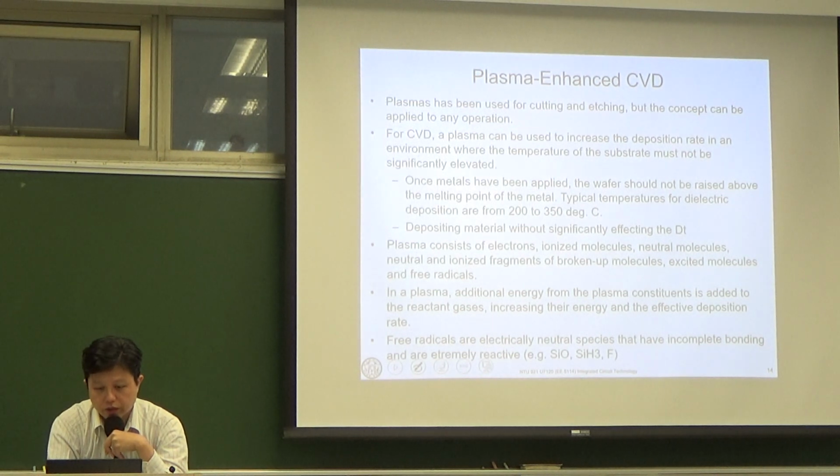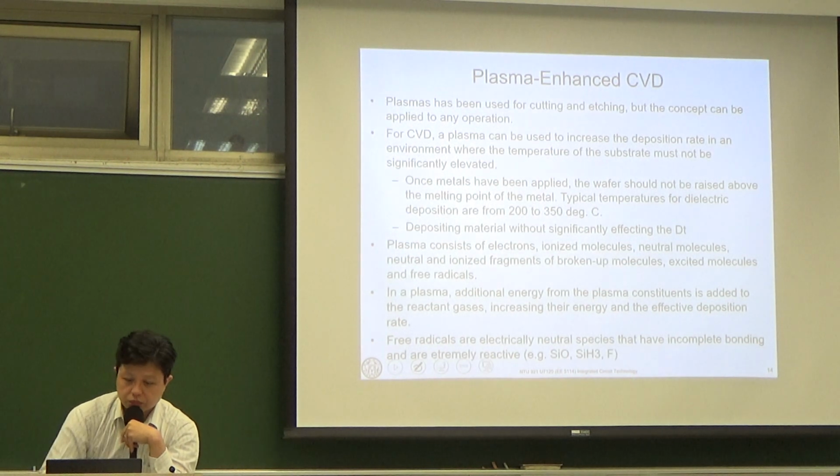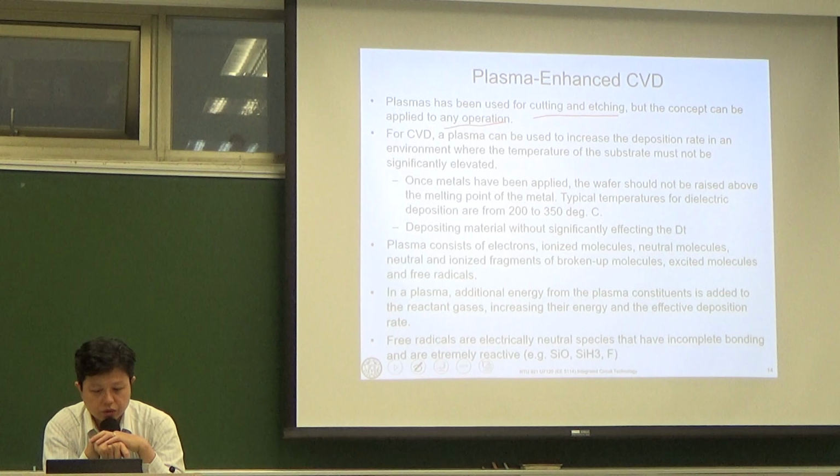And a more advanced technology is called plasma enhanced CVD. So we incorporate plasma. So what is a plasma? Plasma has been used for cutting and etching, and it can apply to any operations.